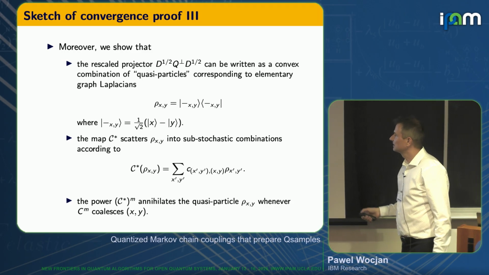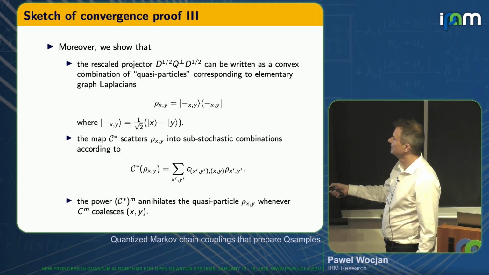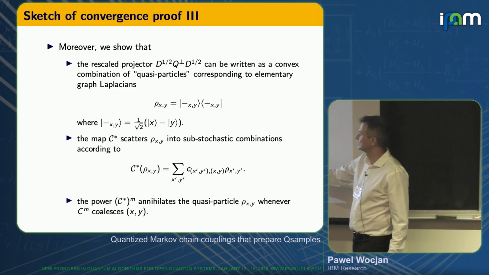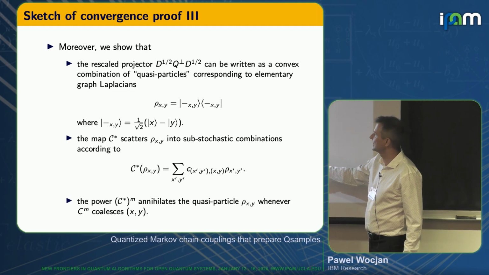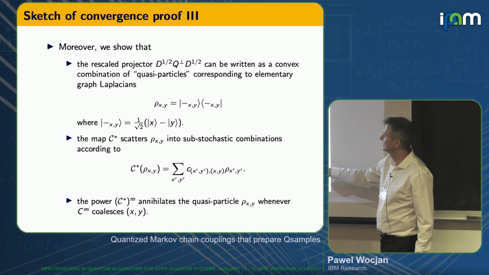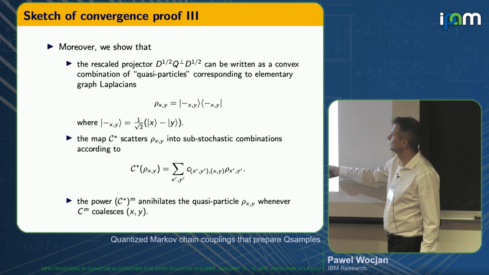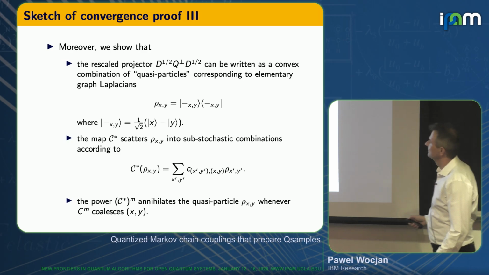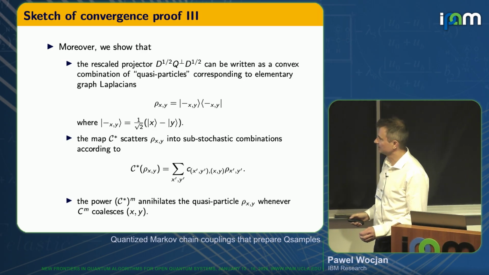These quasi-particles correspond to elementary graph Laplacians. Here we have this state ket x minus y, and the outer product corresponding to this state. So this is this elementary graph Laplacian.